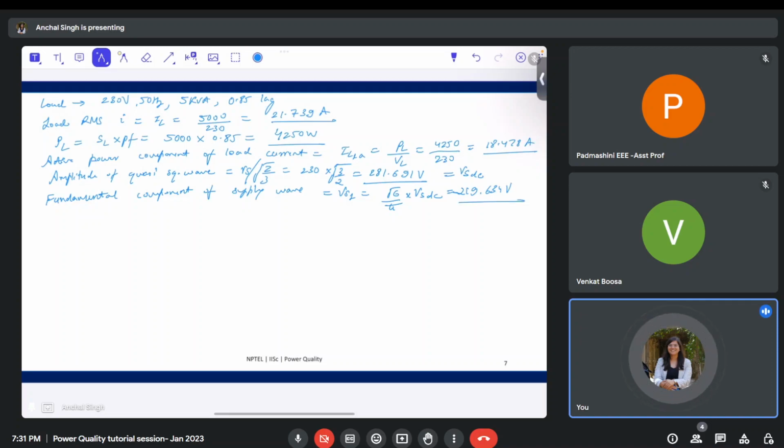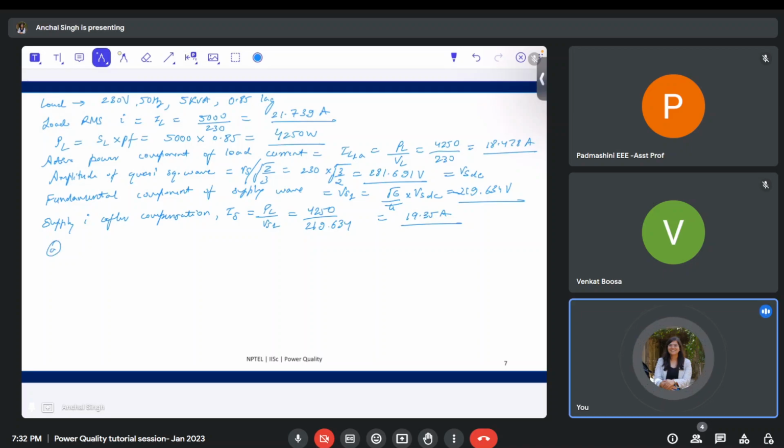Now, from that, we can say that the supply current after compensation, we've already calculated IS similar to this, PL by VS1, right? It will supply only the fundamental component of the supply voltage. Therefore, this formula 4250 by 219.634 will come out to be approximately 19.35 amperes.